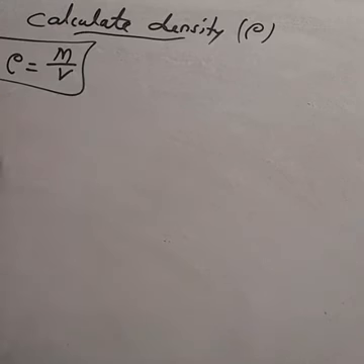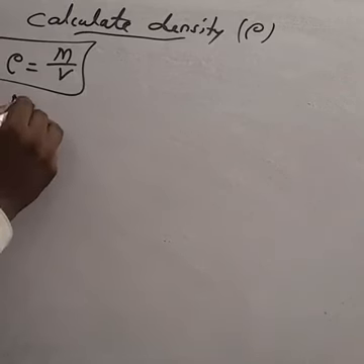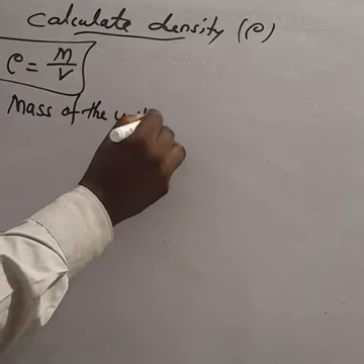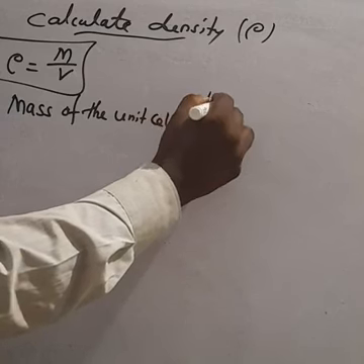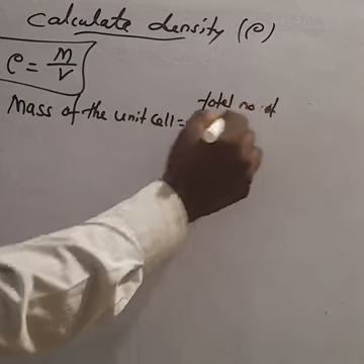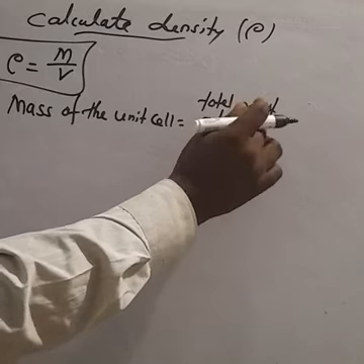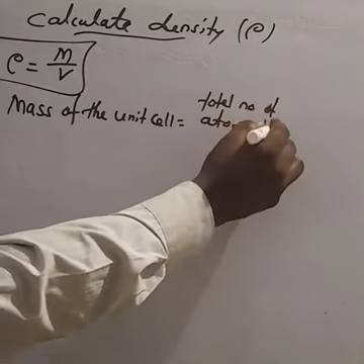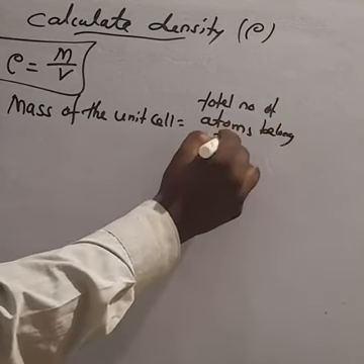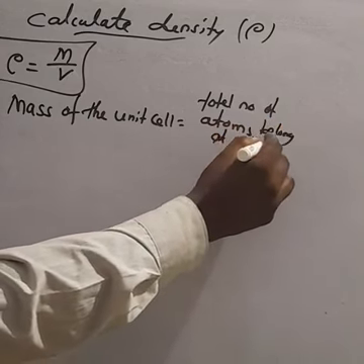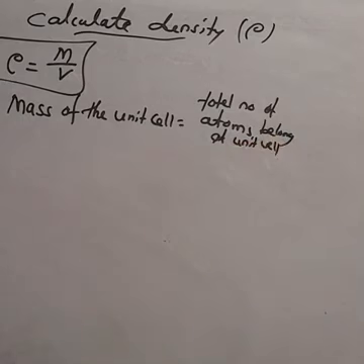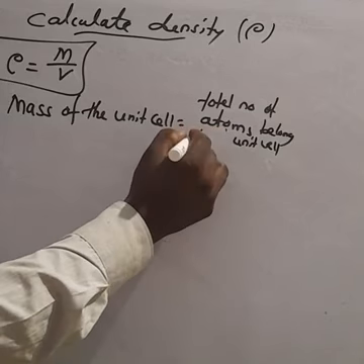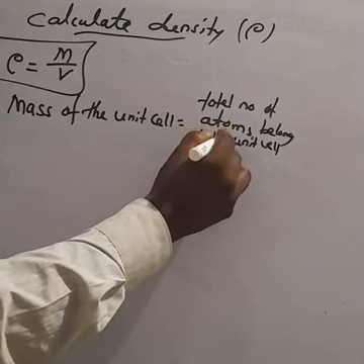Next, we can discuss the mass of the unit cell. Mass of the unit cell is equal to the total number of atoms belonging to that unit cell, into the mass of one atom.